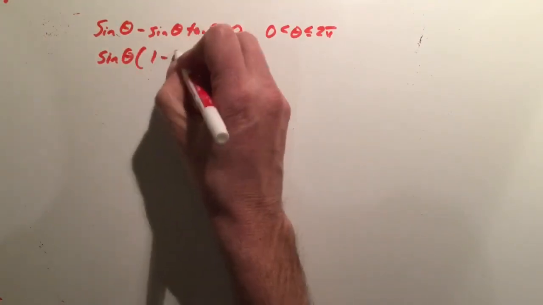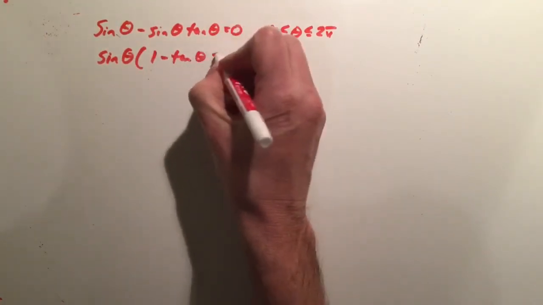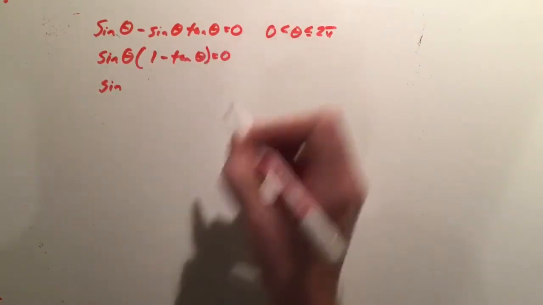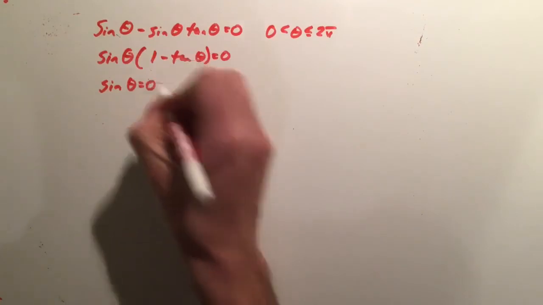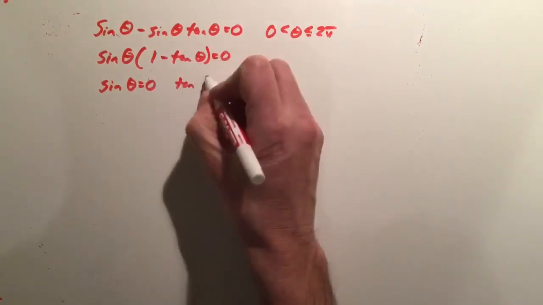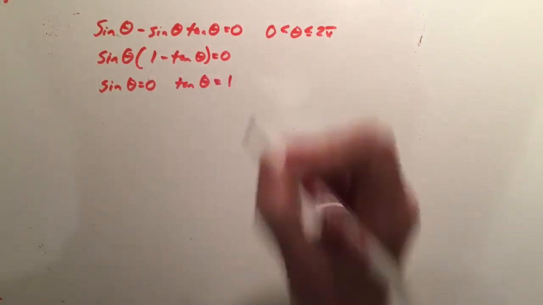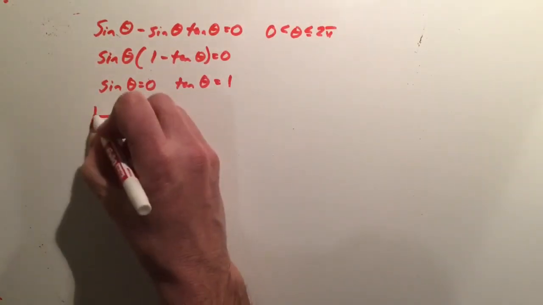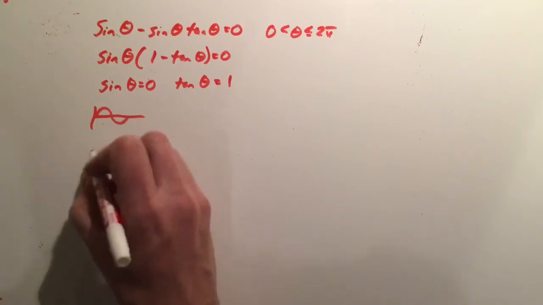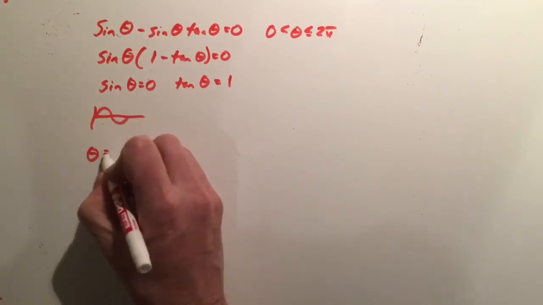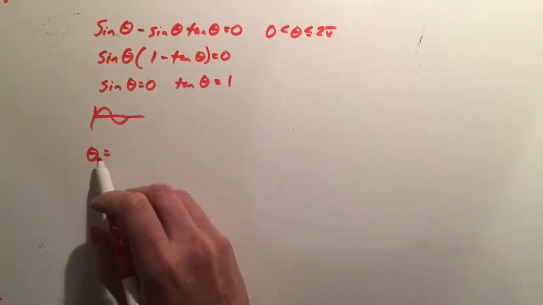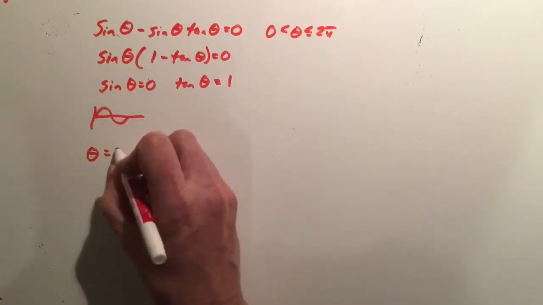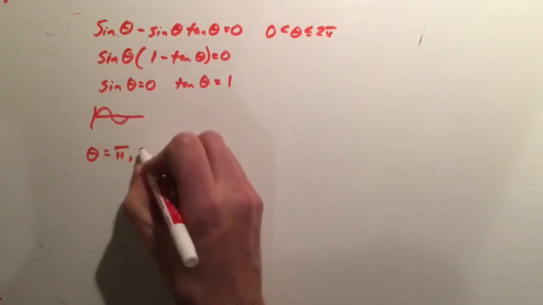That leaves me 1 minus tan theta equals 0, which means that sine theta is 0, or tangent theta is equal to 1. Sine theta, I know from looking at the curve, is 0 when theta is 0, but 0 is not part of my domain there, or when theta is pi, or when theta is 2 pi.